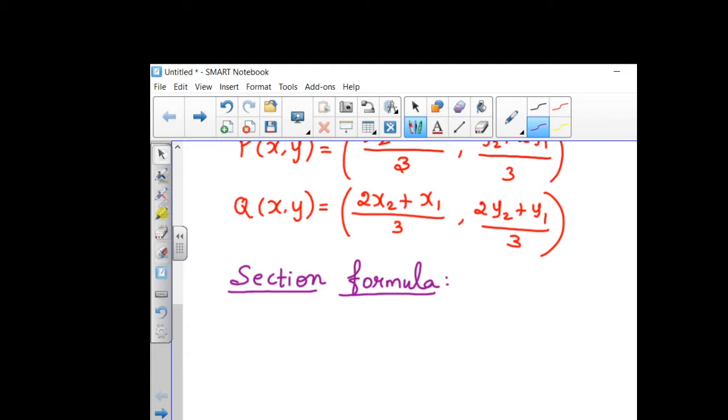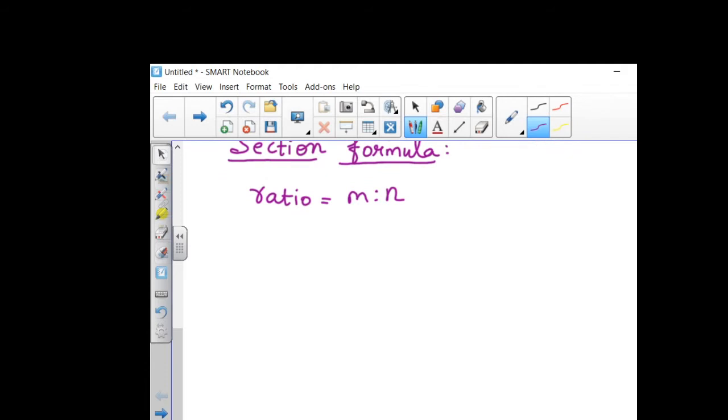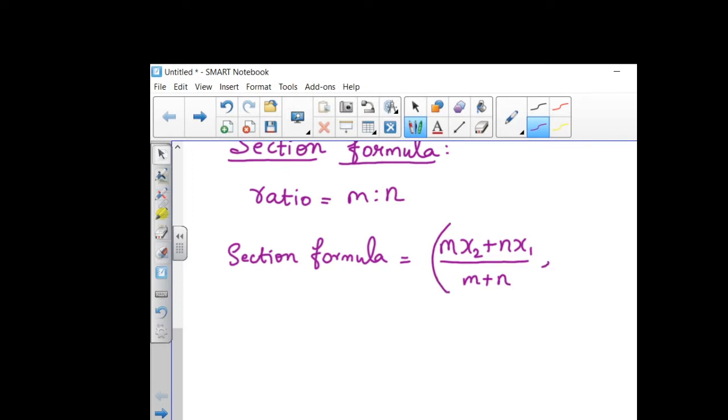The ratio is m:n. Therefore the section formula is mx2 plus nx1 by m plus n, then comma my2 plus ny1 by m plus n.